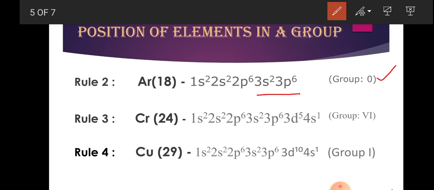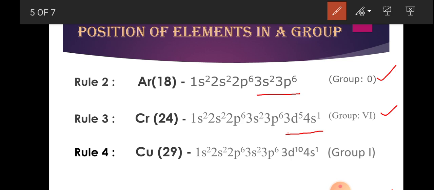For example, chromium. From the electronic configuration of chromium, we can see that the outermost s and its preceded d orbital contains total 6 electrons. That's why chromium belongs to group 6.